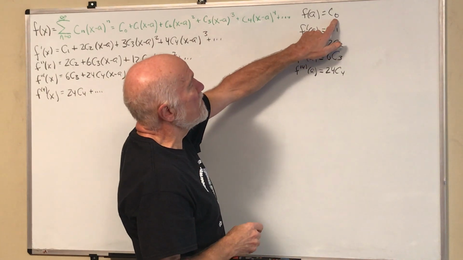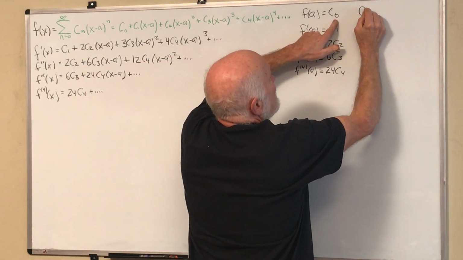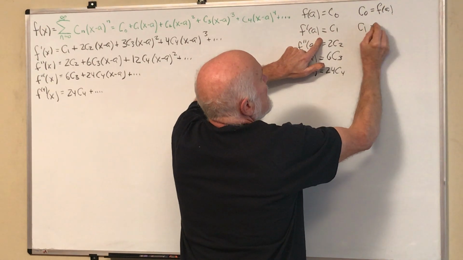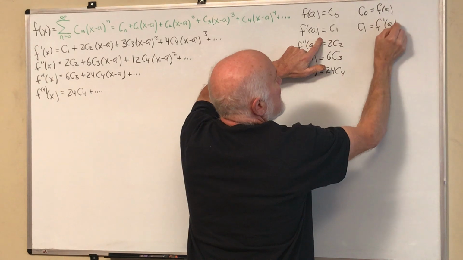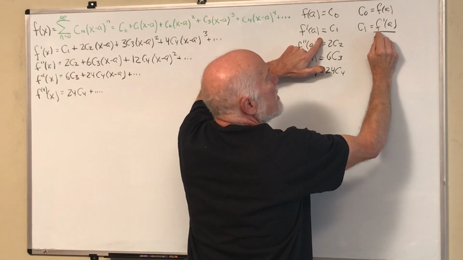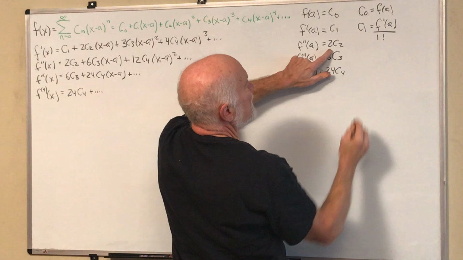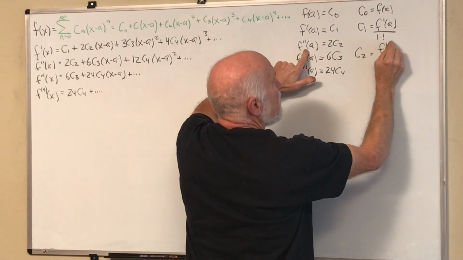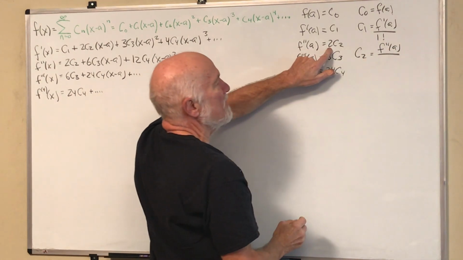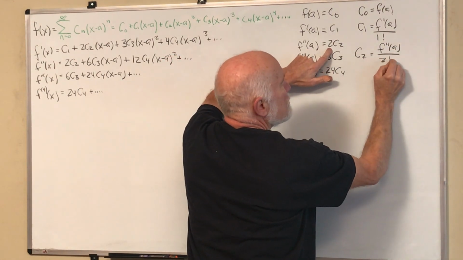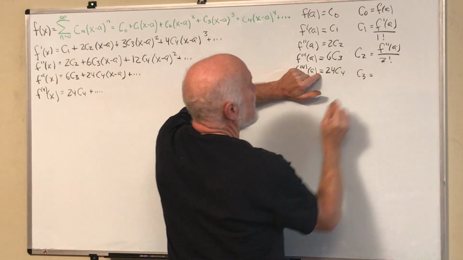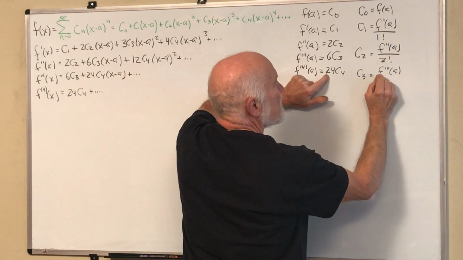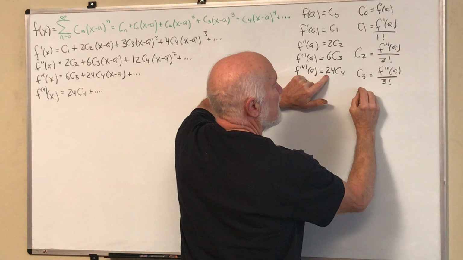So if we want to solve for these C's, I get C0 to be f of a, C1 to be f prime of a, and let's just make it over 1 factorial. C2 would be f double prime of a over 2, but let's just call it 2 factorial. C3 is f triple prime of a over 6, which we can call 3 factorial.